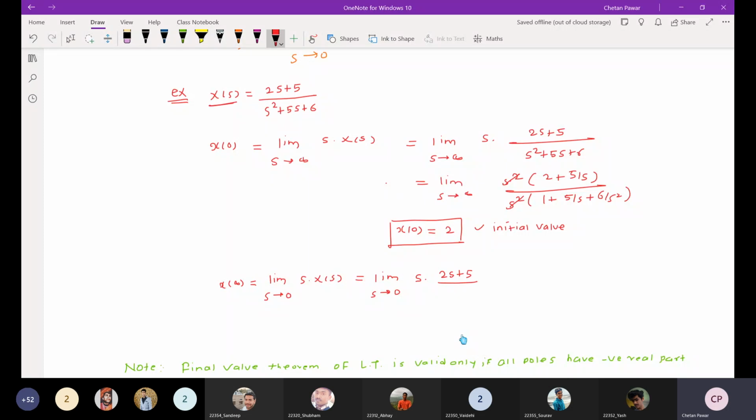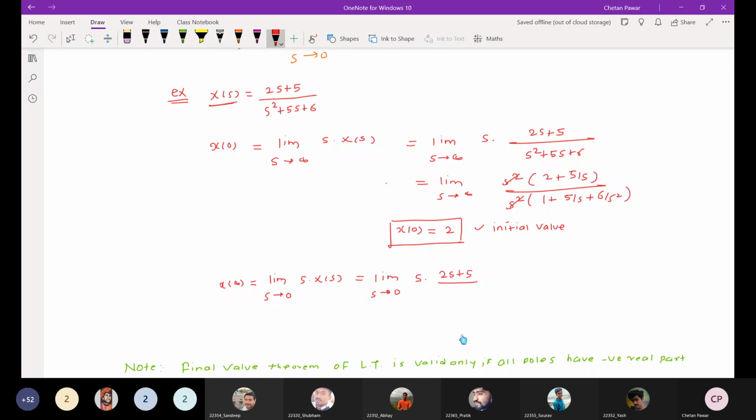In the numerator you have taken s common, because if you take s common, that will be multiplied with s, that will become s square.